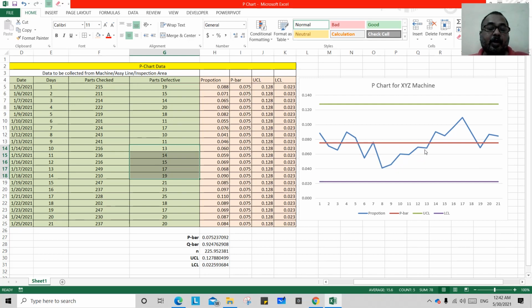So this is also a type of special cause, wherein the points are between the UCL and LCL, but it is still considered an assignable cause, and the quality engineer or the manufacturing engineer should react to this type of trend. So this P chart has to be followed on a daily basis, and if anything goes beyond UCL or LCL, or if there is an upward or downward trend, action is needed.